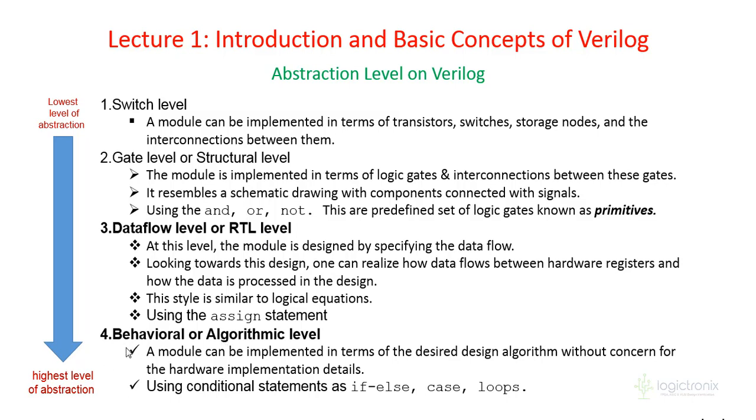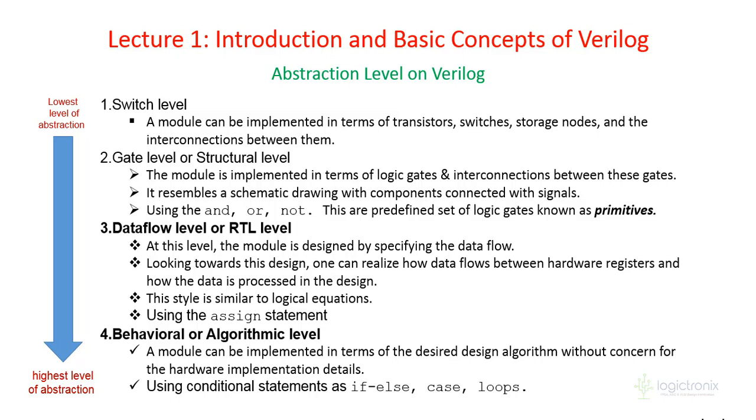Another heavily utilized model is behavioral or algorithmic level. This is like writing a program in a high level approach, not a language, the approach. In this approach we can utilize conditional statements like if-else, case, loops, etc. This behavioral architecture does not need to know the details of hardware registers or architectures.